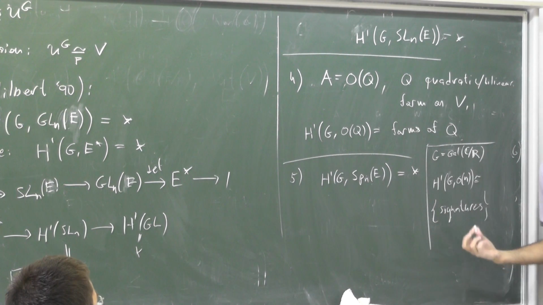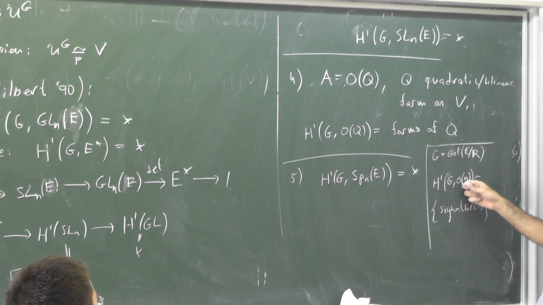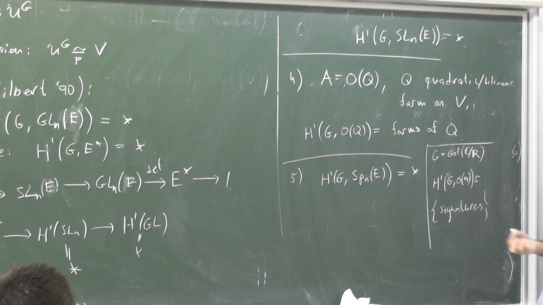So for a non-degenerate symmetric form, over C they are unique, but over R the forms are classified by the signature, which could vary from 0 to n.